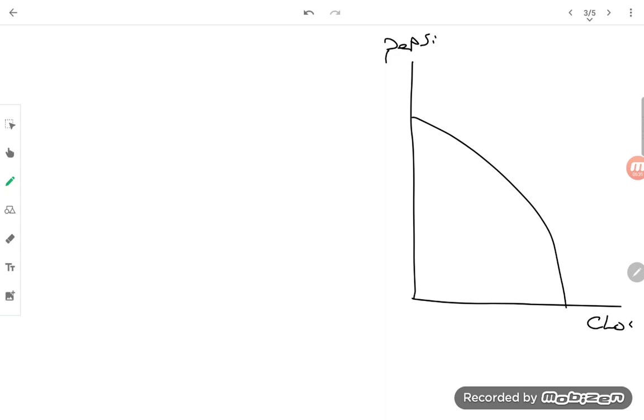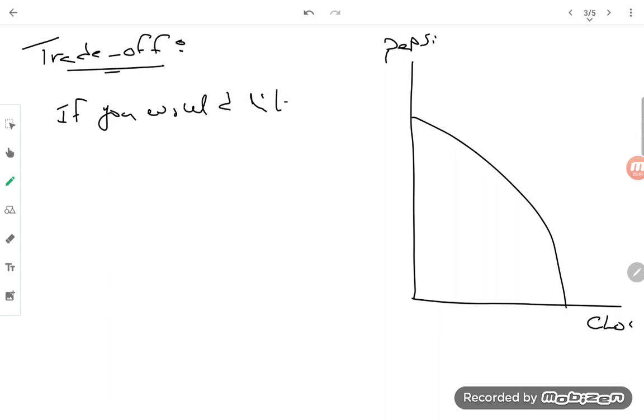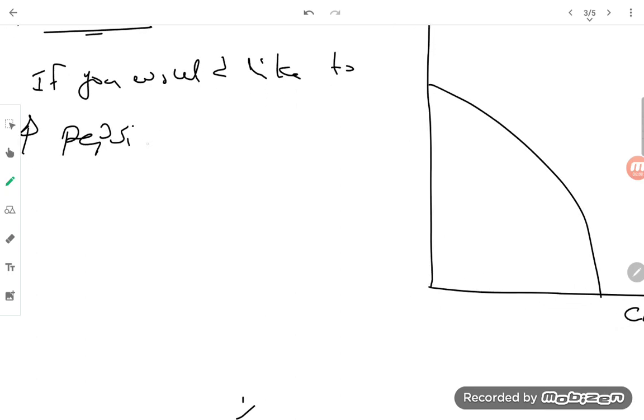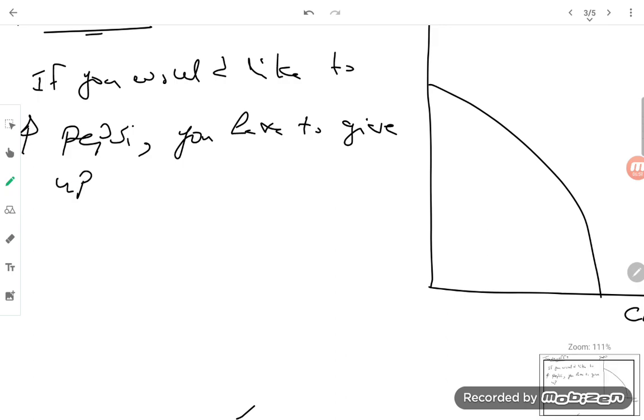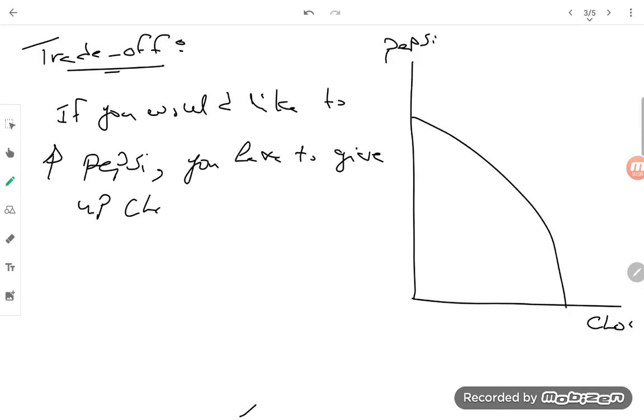What's meant by trade-off? Trade-off means that if you would like to increase Pepsi, you have to give up chocolate, and vice versa.